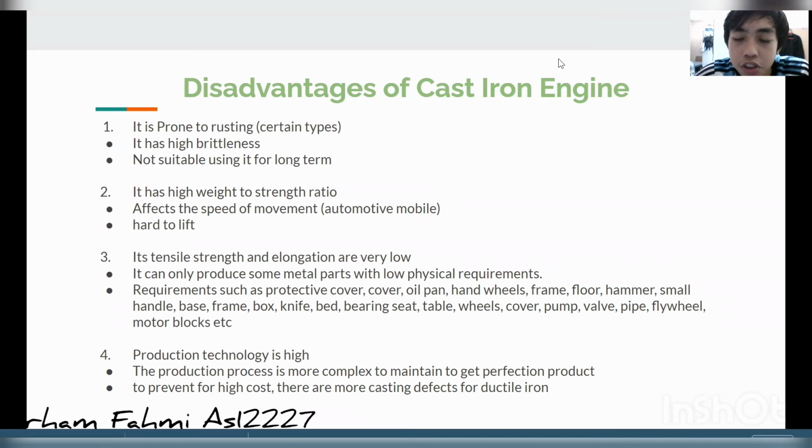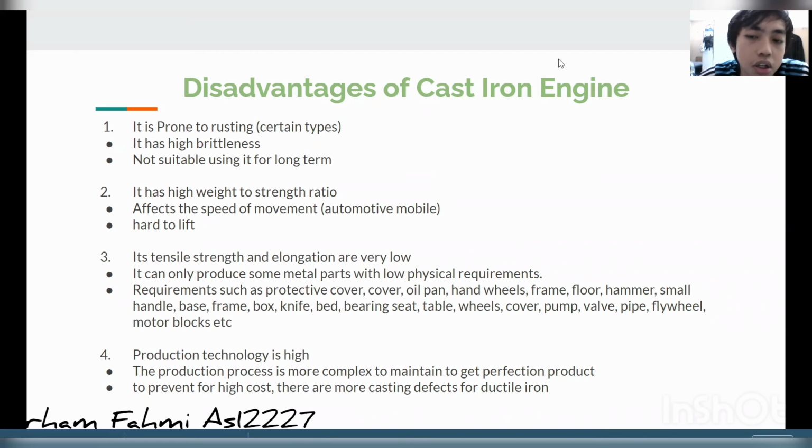So it can only be applied for certain metal parts with low physical property requirements, which are protective cover, oil pan, handle, and so on that you can see in the slide.